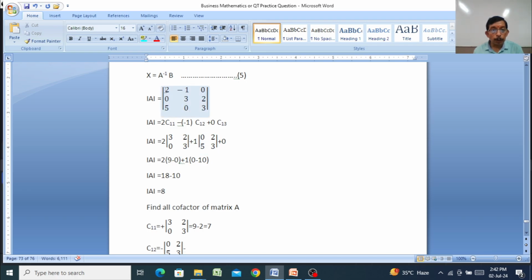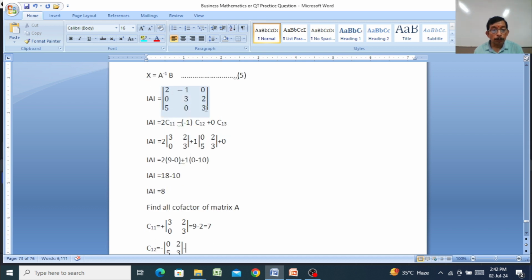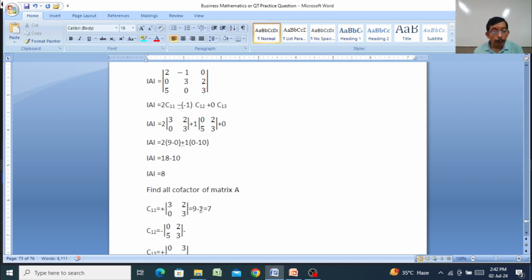Minus, 0 into 2, minus 0 is equal to 0. 3 times 3 is 9, 0 into 2, 9 is equal to 0.